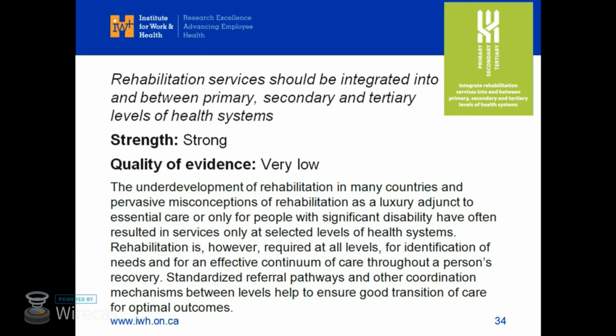What this means is that in many countries, there is a misconception that rehabilitation is a luxury for people who have only significant, very important disabilities. And so they offer it like a selective service only in a tertiary center. They don't offer this in primary care.